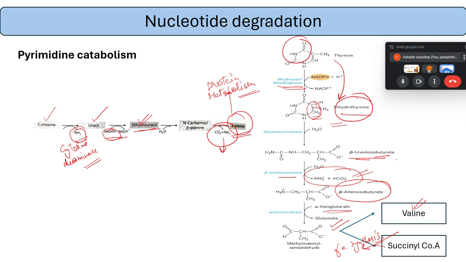So the thymine catabolism is basically a four-step process with complex intermediates, and similar to the cytosine degradation.